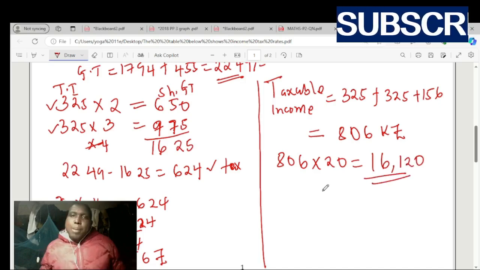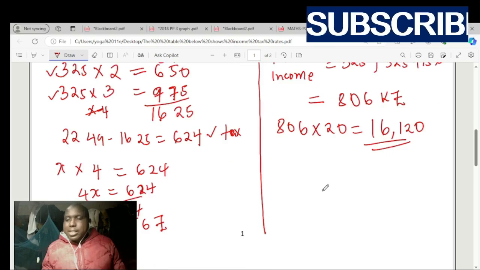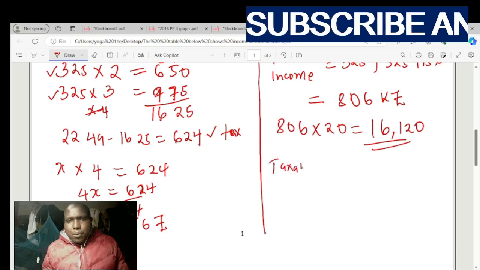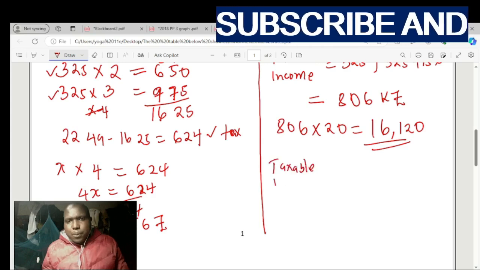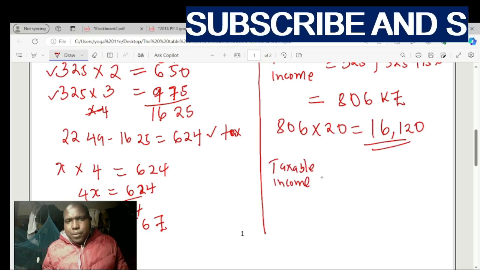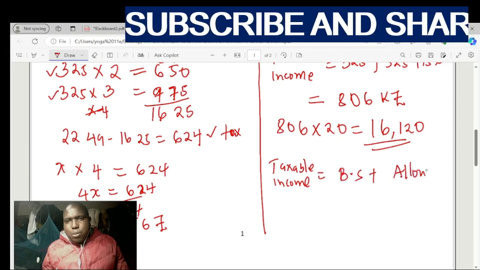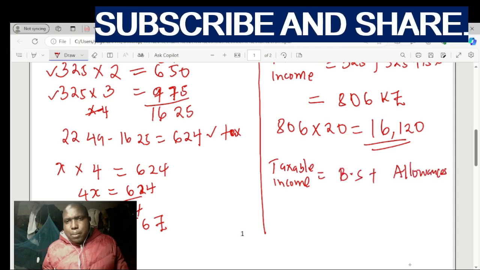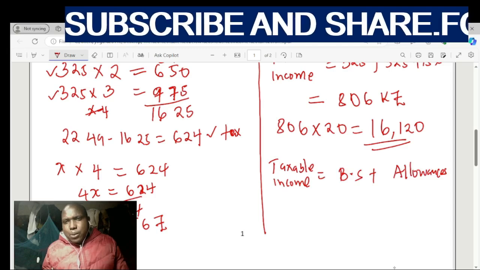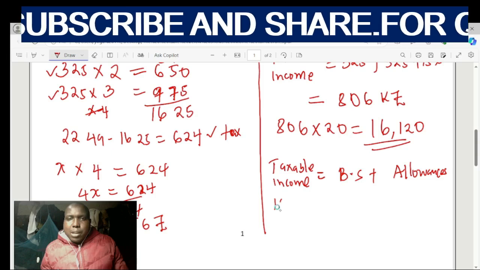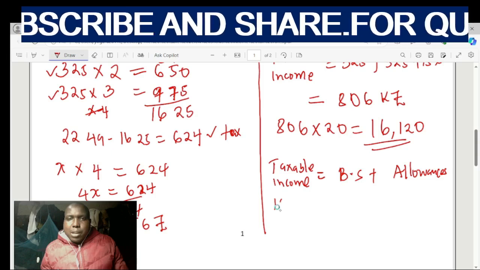Lakini tunajua kwamba taxable income is equal to basic salary plus allowances. That is what we know. Taxable income, which is 16,120, is equal to basic salary plus allowances.